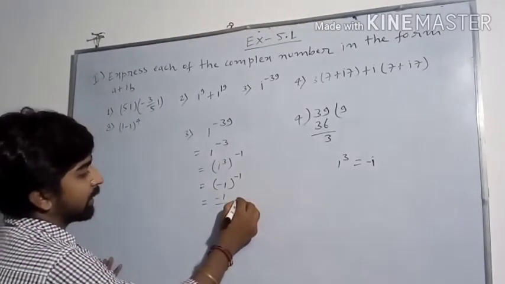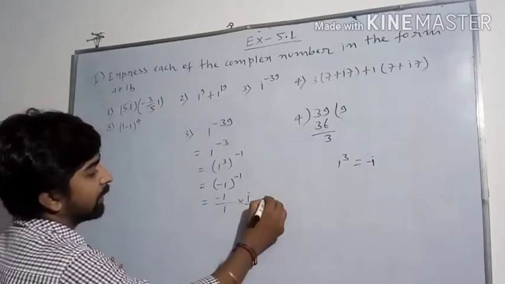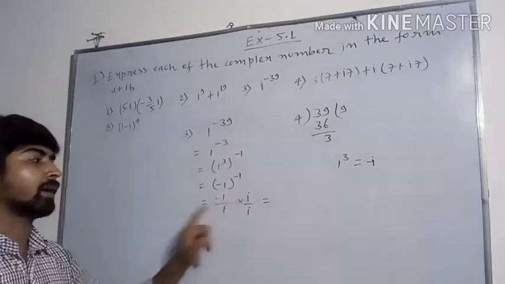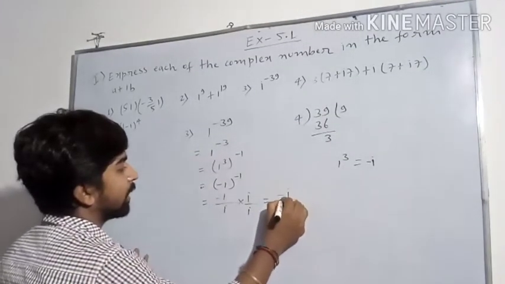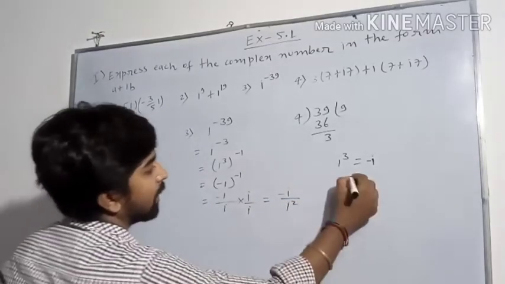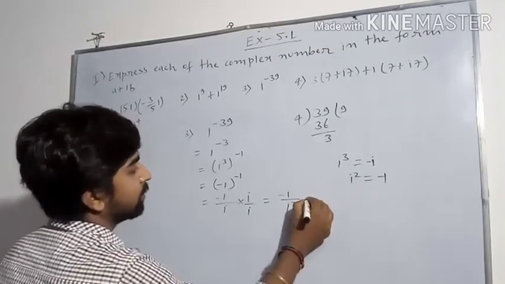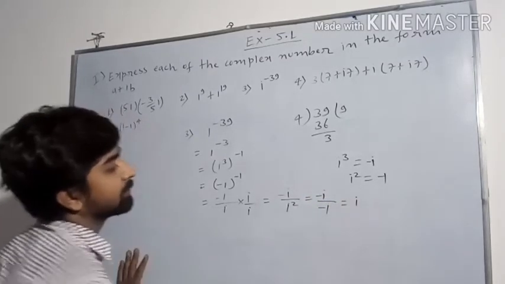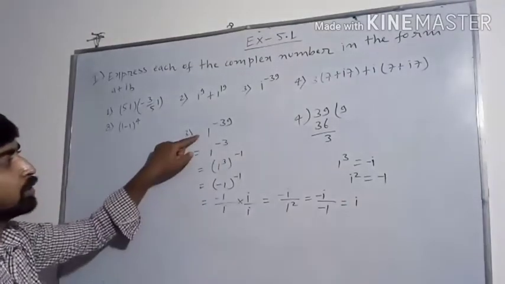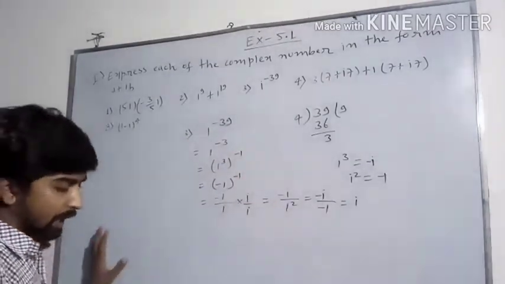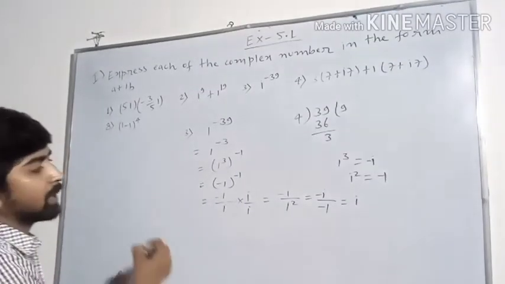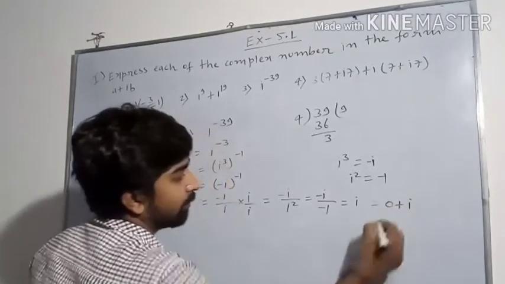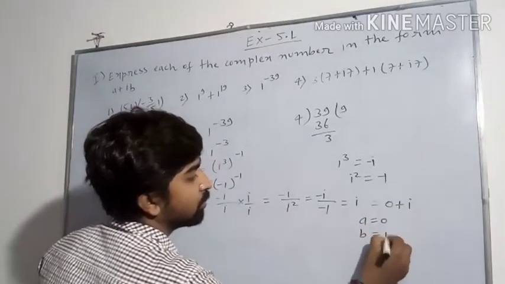And 1 by i we can write as i by i, means we multiply numerator and denominator by i, and we will get minus i upon i square, and i square equals minus 1. So we can write here minus i upon minus 1, minus minus cancelled, and it will be i. Means i to the power minus 39 equals i, and we have to express this in the form a plus ib. We can write it as 0 plus i, where a equals 0 and b equals 1.